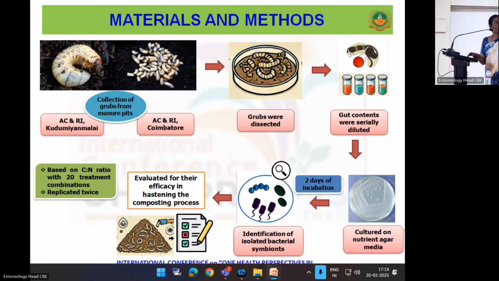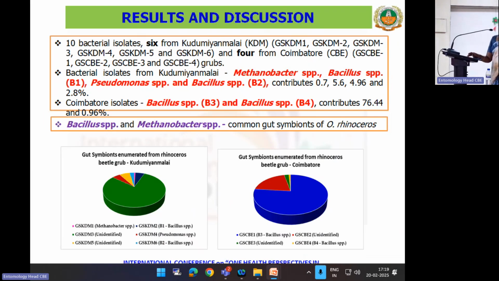From the isolation, we were able to isolate 6 bacterial isolates from the Kudumiyanmalai area and 4 from the Coimbatore district, and based on the morphology, we have identified them up to the genus level. Since it is a brief work, we identified based on morphological characters, mostly Bacillus species.